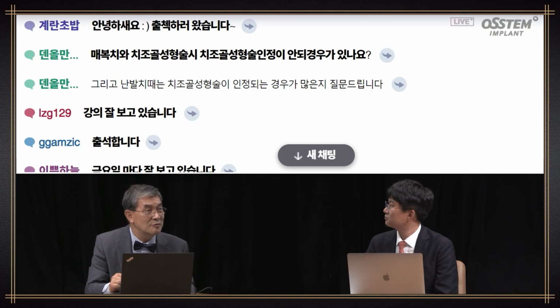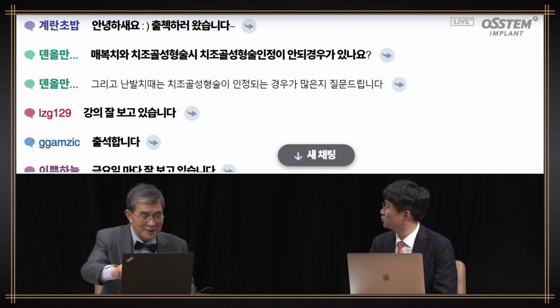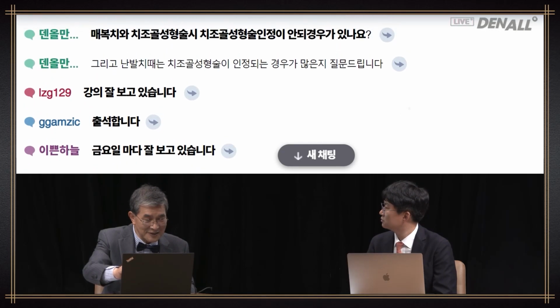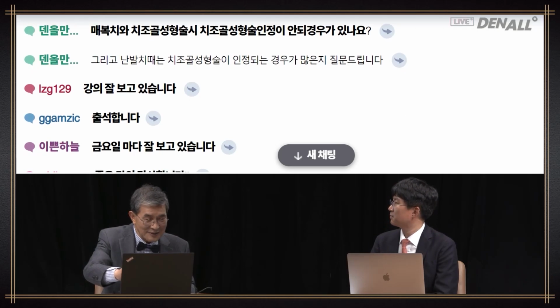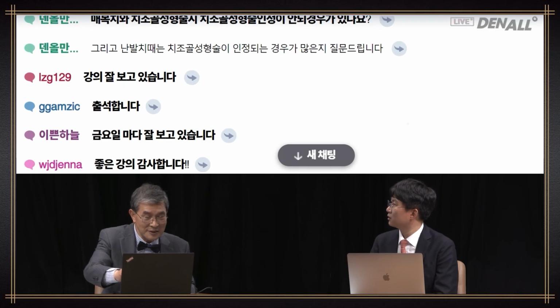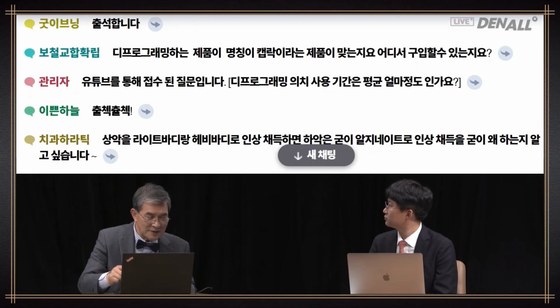Impacted tooth and alveoloplasty, are they recognized? What do you think? I don't quite understand the question. I believe this is off the topic, centric relation. So we will carefully look at the question later and try to understand the question. Maybe this is insurance coverage recognized by the insurance company.